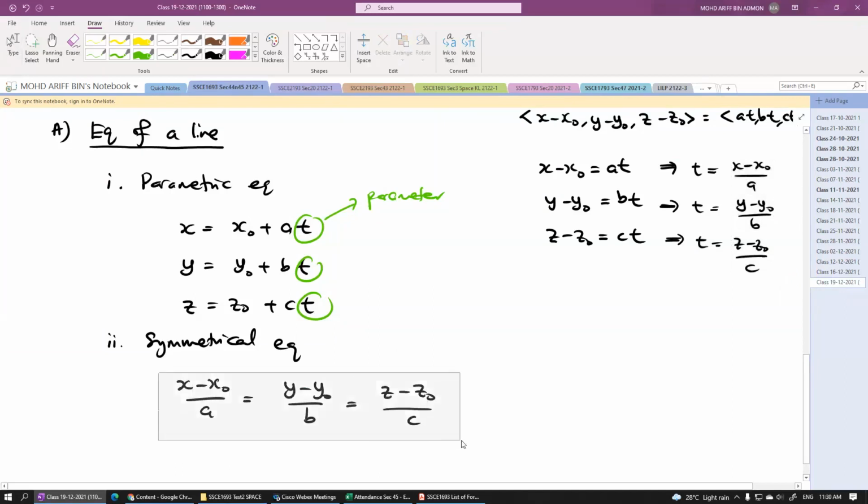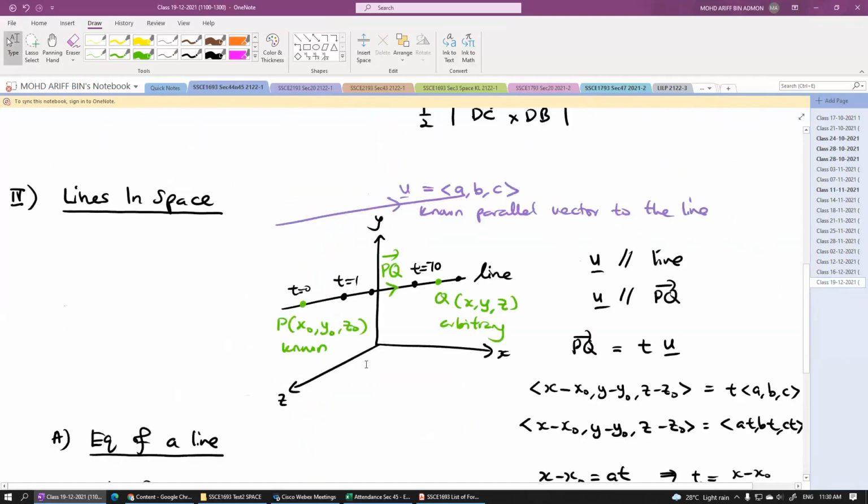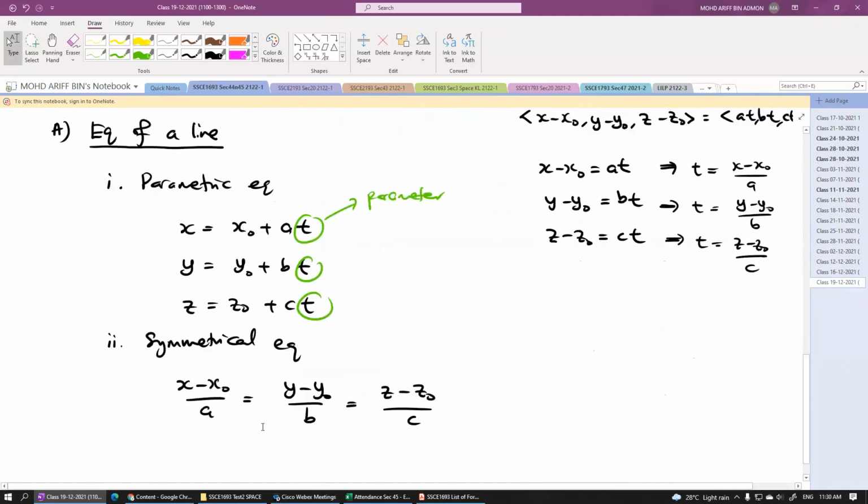This is what we call the symmetrical equation, in this general form. And remember, how do you get the point x naught, y naught, z naught? You have to take a look from here.